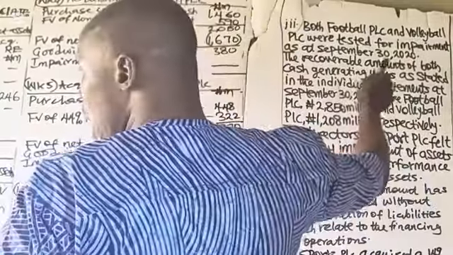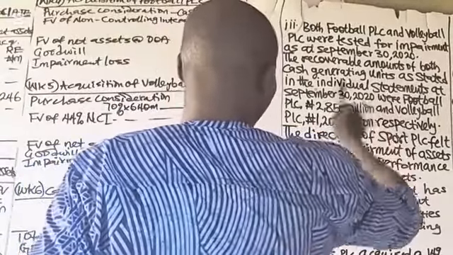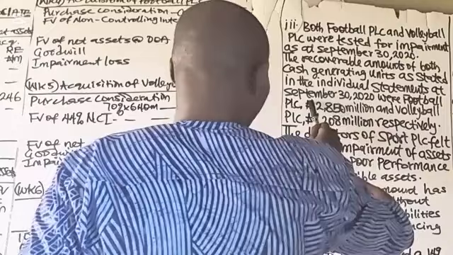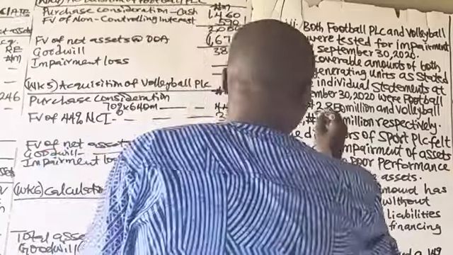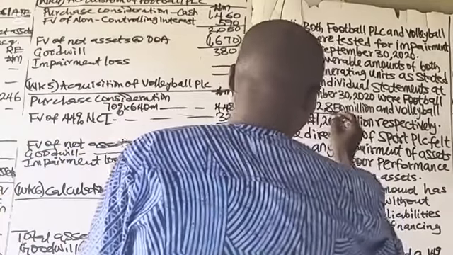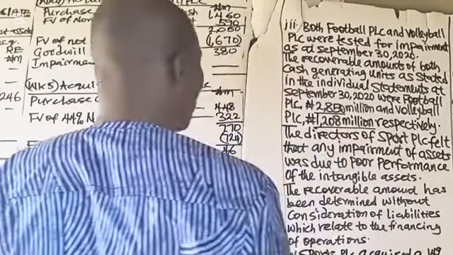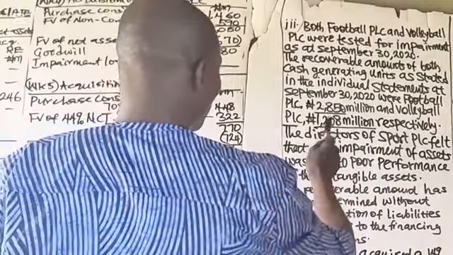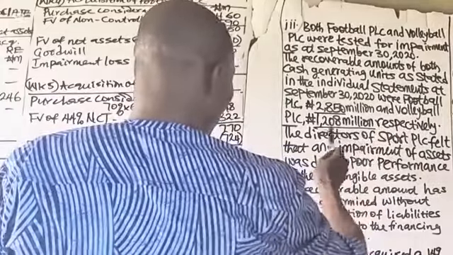The recoverable amounts of both cash generating units as stated in the individual statements as at September 30, 2020 were football 2,850, that is 2,850,000,000, and volleyball 1,208,000,000 respectively.